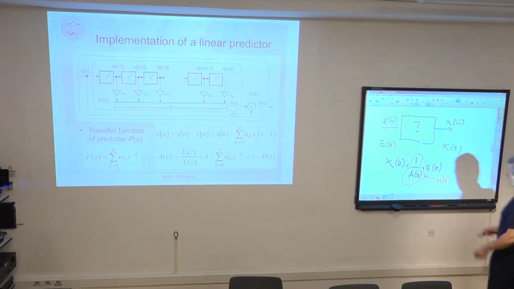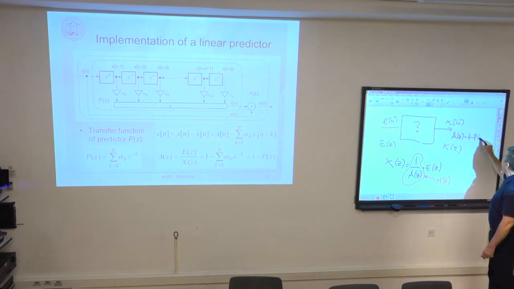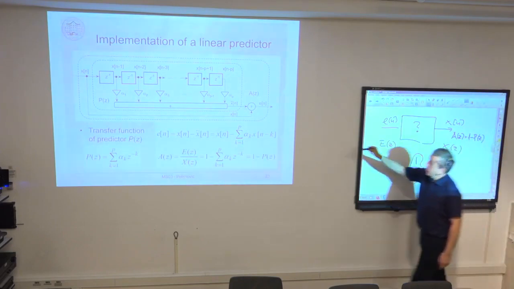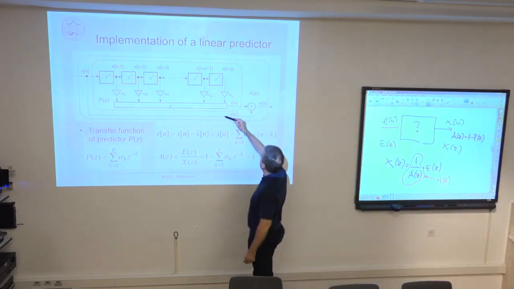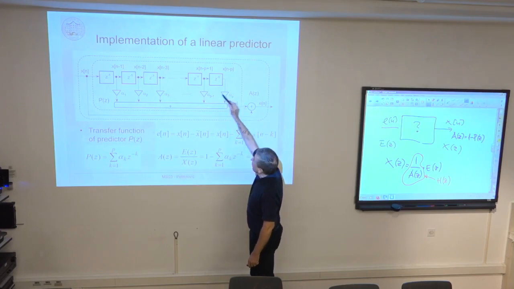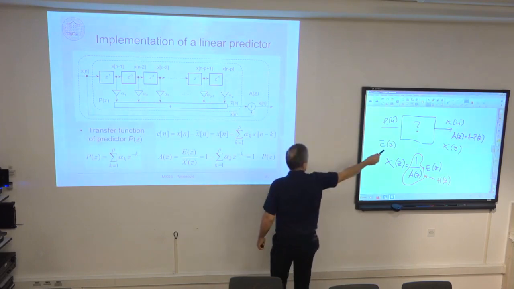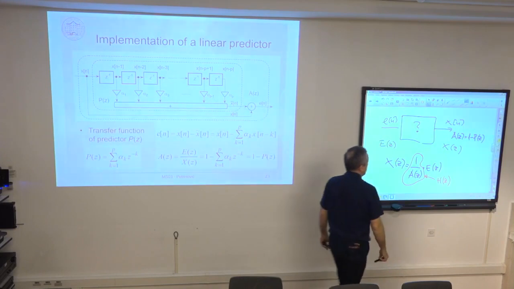Since this A of z can also be represented as 1 minus P of z, because this subtraction is simply, the z transform of x of n is x of z, nothing else. And this here, x tilde, is P of z times x of z. So this subtraction gives us simply 1 minus P of z.